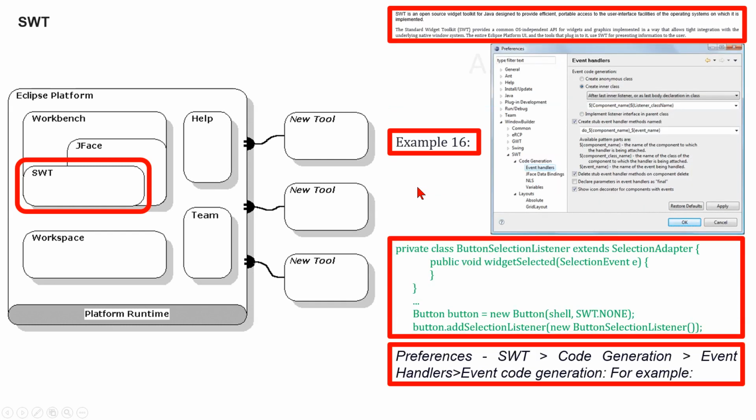Now we are considering event code generation in event handlers, in code generation, in preferences in SWT. This preference determines how event handlers are generated.